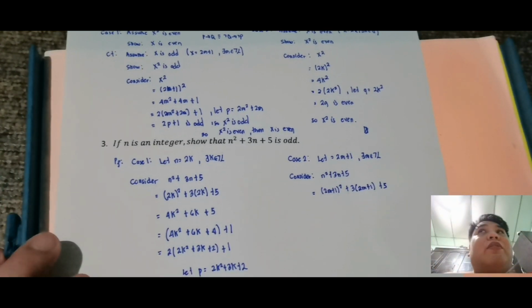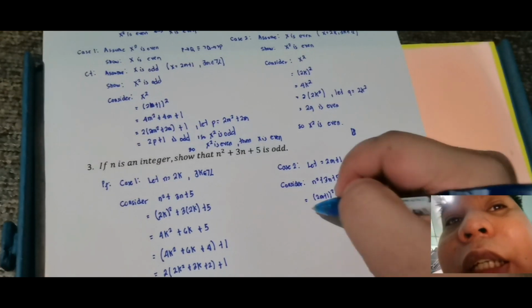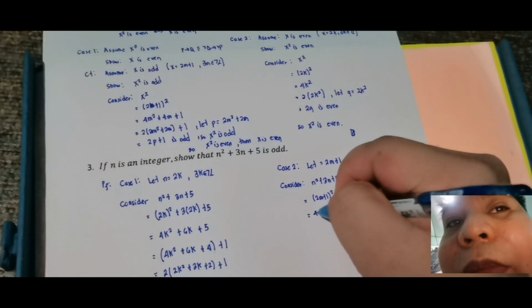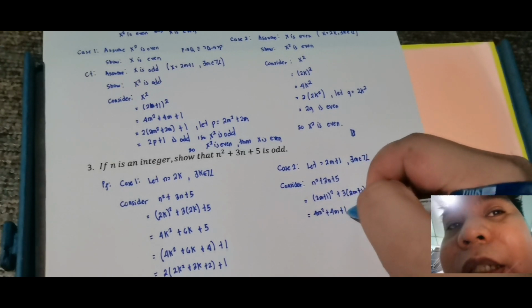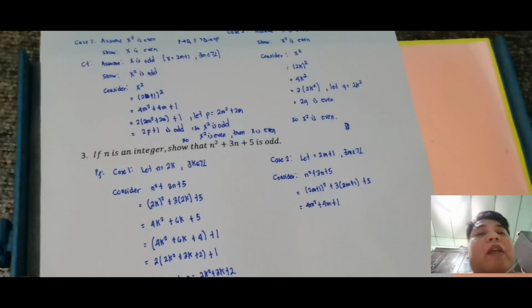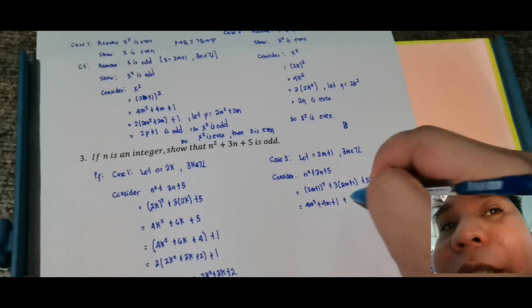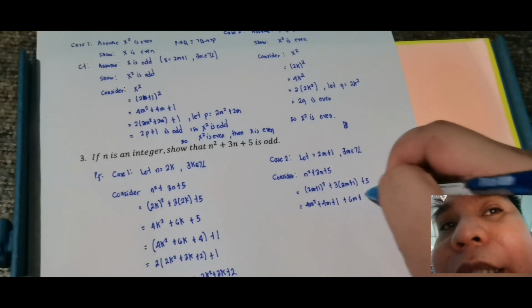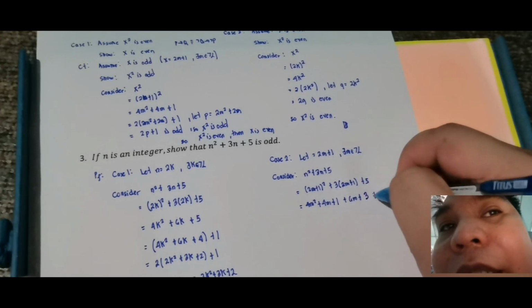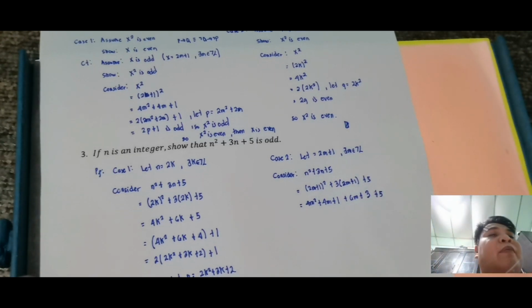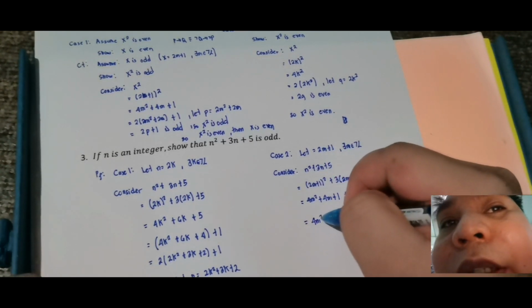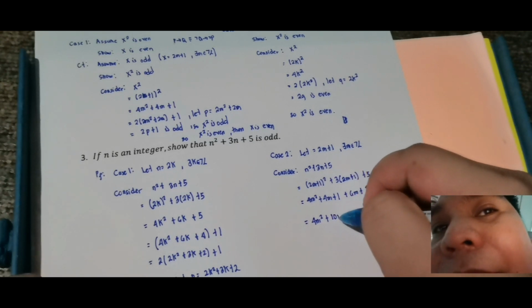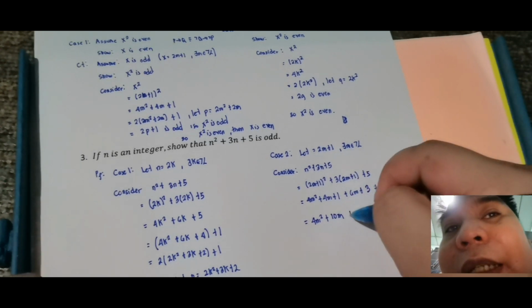Then, expanding 2m plus 1 squared, that is equal to 4m squared plus 4m plus 1. Then this is plus 6m plus 3 plus 5. Simplify further. This is equal to 4m squared plus 10m plus 9.